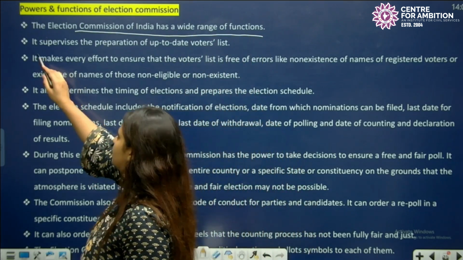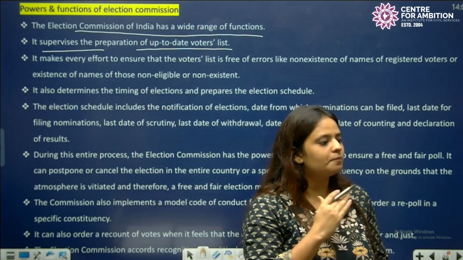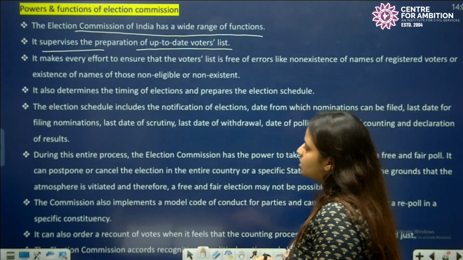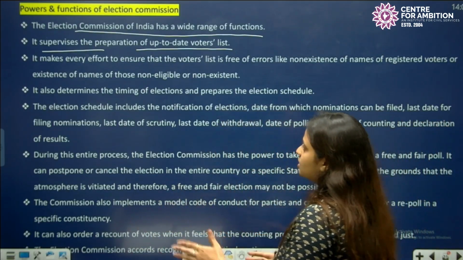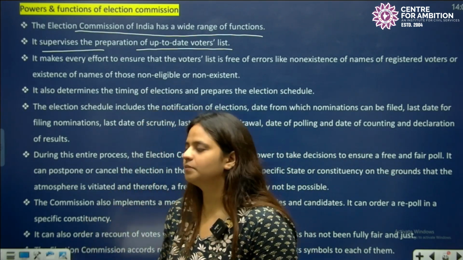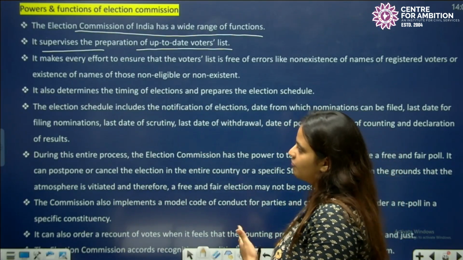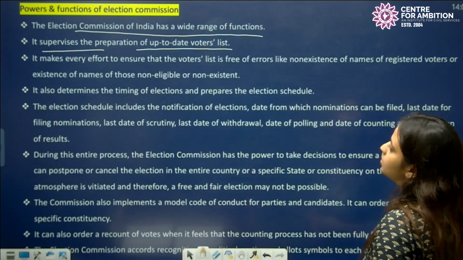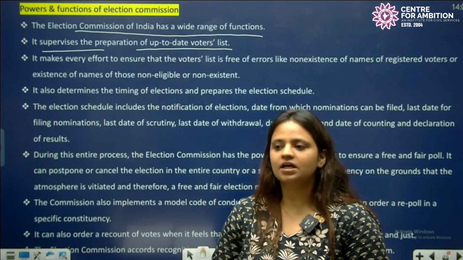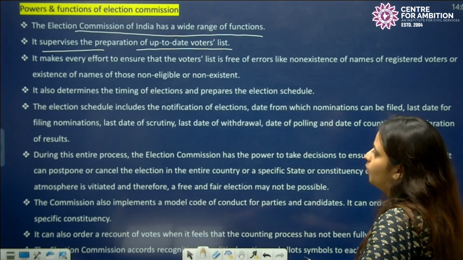Okay, first function: it supervises the preparation of an up-to-date voters list. So it has to update the voters list to the present time. It has to delete the names of voters who are no longer here. For example, if a person has expired, they have to delete the name of that voter.